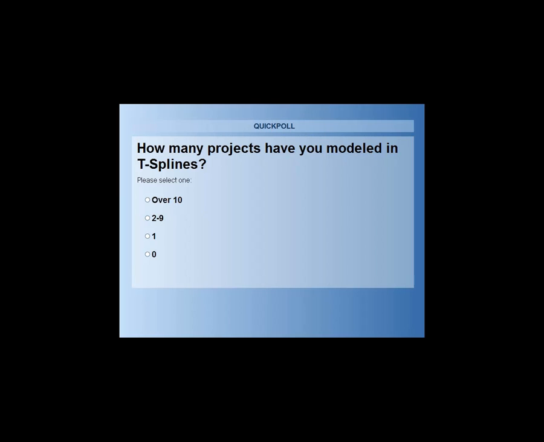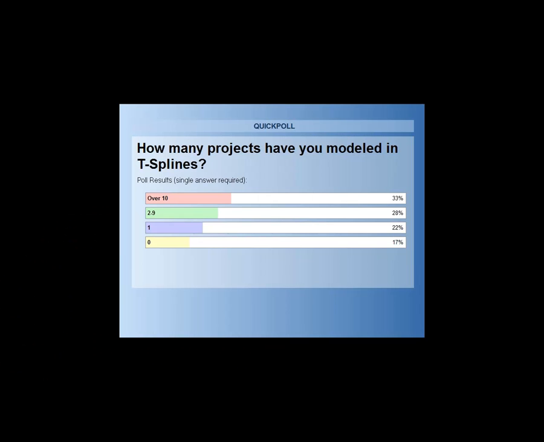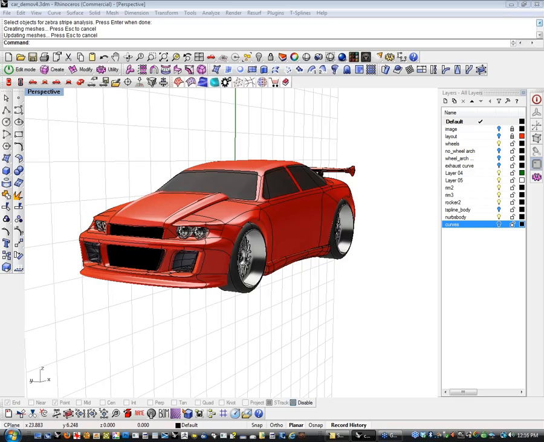So now as we get into kind of showing how this car is made, it'll be interesting to see that feedback. Go ahead and close this poll, and I'll go ahead and share that as well. So it looks like actually a decent number of the people here on the webinar are experienced T-Splines users, so that's fantastic. That'll be great. So okay, we'll look forward to your comments as we jump into modeling.